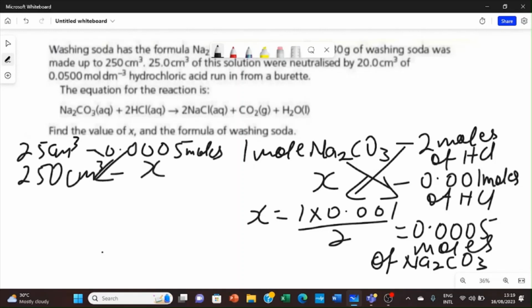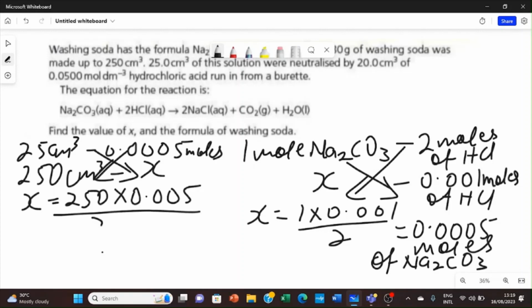So you cross multiply. x will be equal to 250 multiplied by 0.0005 divided by 25. 25 here is 1, 250 here is 10. So x will be equal to 10 times 0.0005, which will now be equal to what?